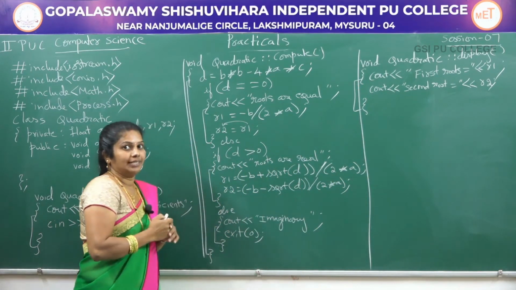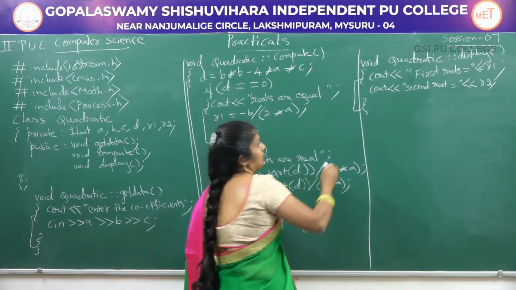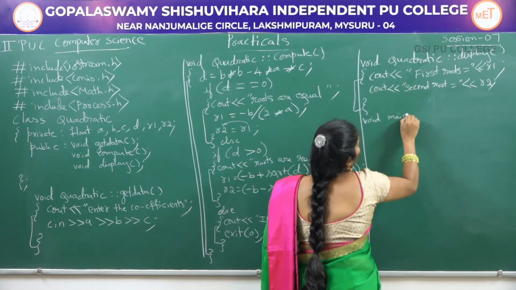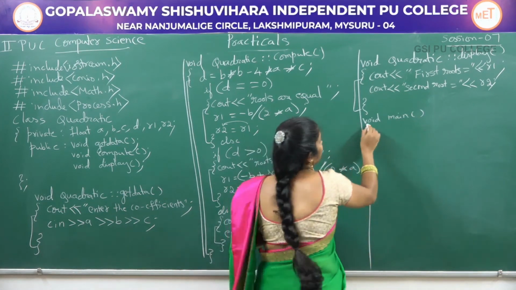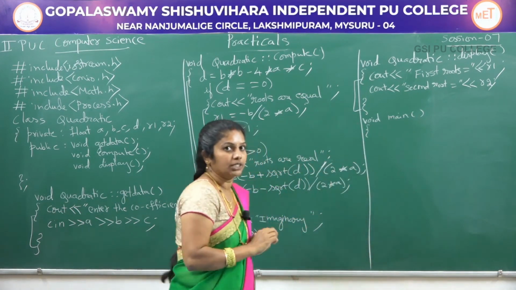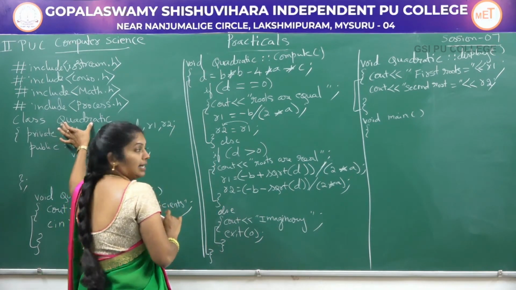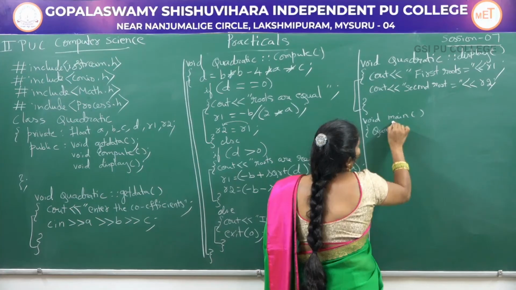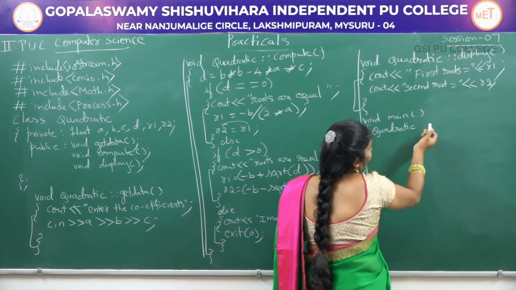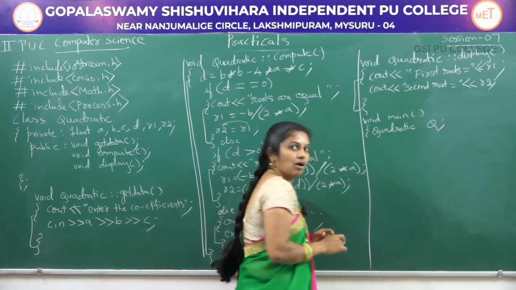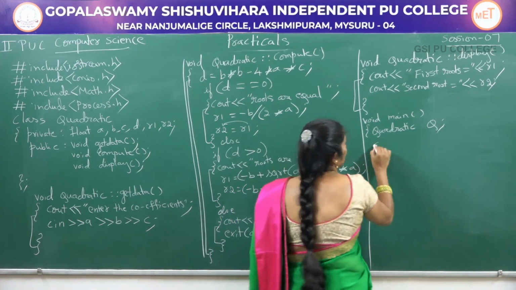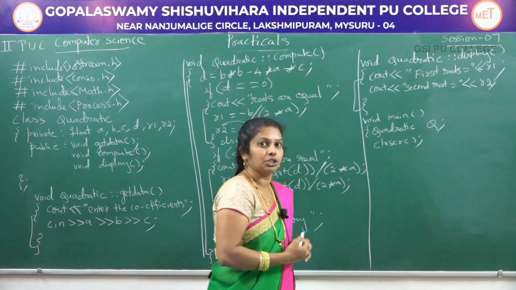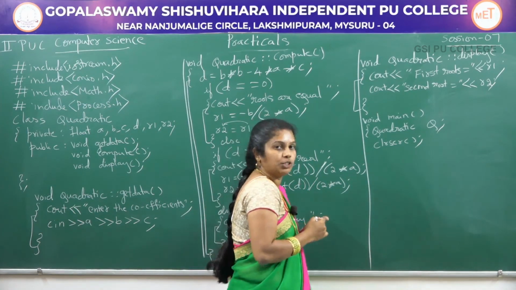One more function I have to write, that is the main program. Now I have to write void main. Here first create the object. How to create the object? By using the class name then object name. The class name here we have given as quadratic. Leave one space, Q is the object name. Then clear screen, and call the functions one by one by using the object of the class.